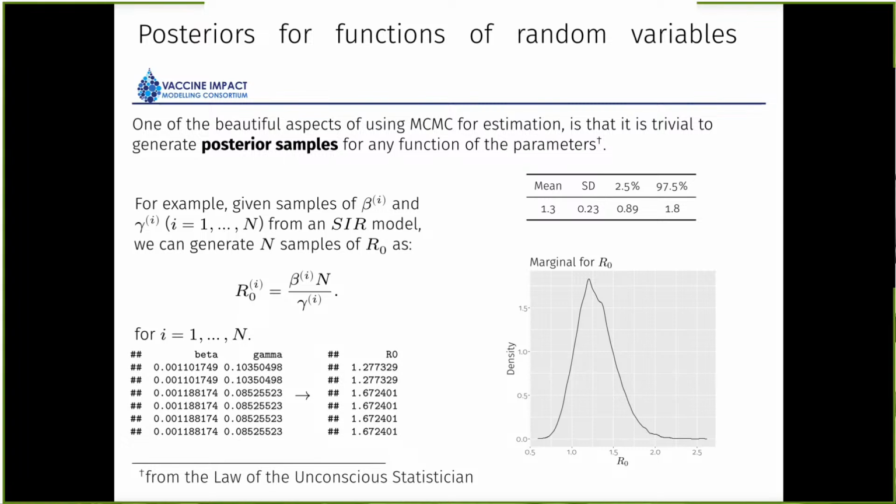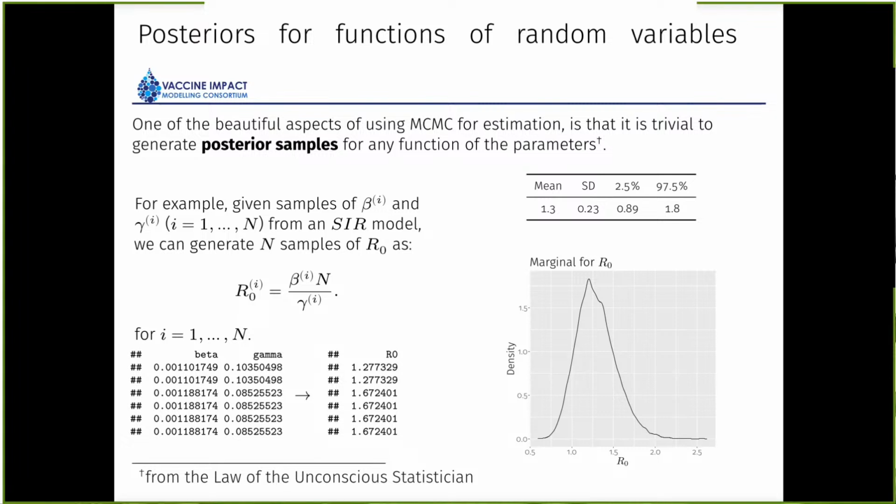But I can also ask other types of questions that you can't ask in a classical framework. For example, if I look at my distribution here, I can't usually generate a p-value from this, but I can do something different and possibly better, depending on your viewpoint. I can ask the question, what is the probability that R0 is bigger than 1? If I'm making a decision, maybe I care about whether R0 is bigger than 1. The mean is bigger than 1, but I'd argue there is a big difference between a mean being bigger than 1 with huge uncertainty and a mean being bigger than 1 with small uncertainty.